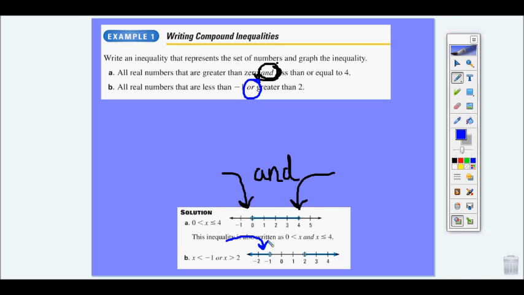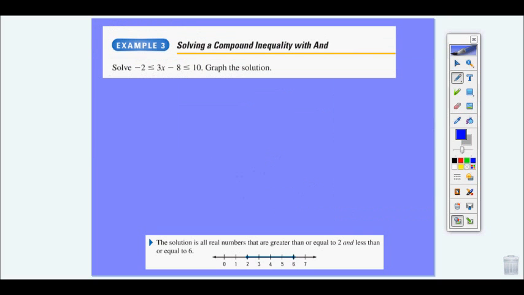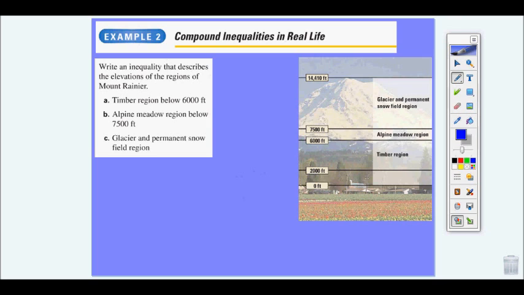Because it is an or statement, we have the other part of the equation, greater than 2, again just greater than, so it's an open point, but this time it's shaded in the opposite direction. So if you have an or statement, the in-between is not connected. They're going to go in opposite directions.